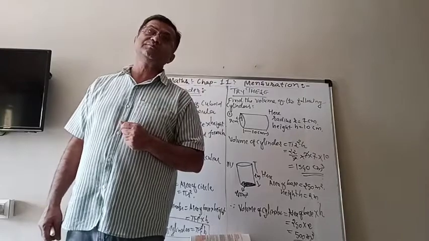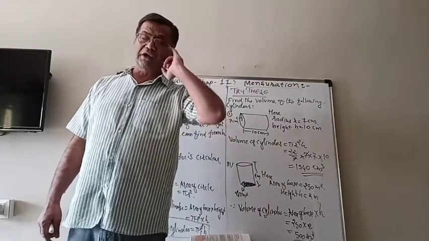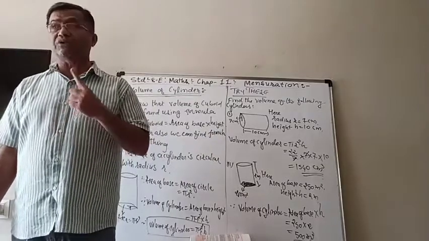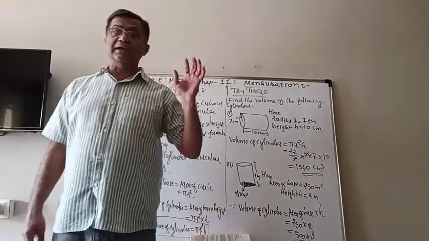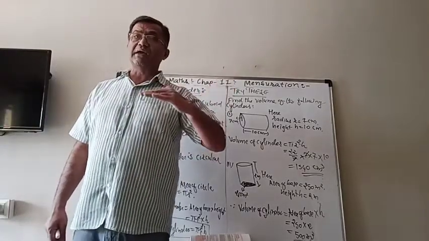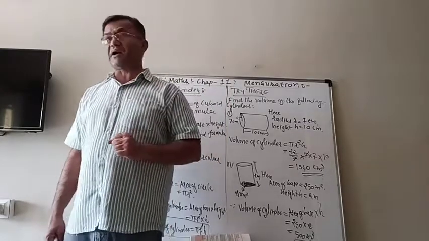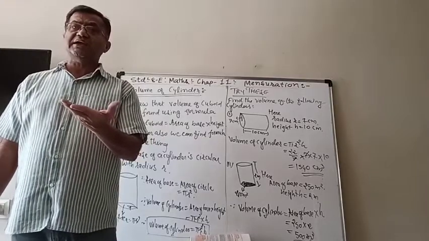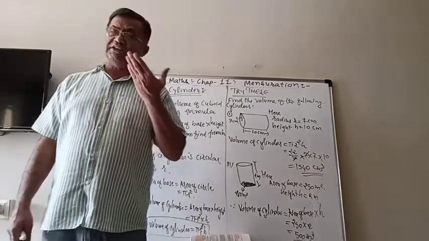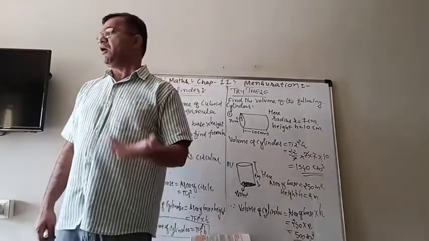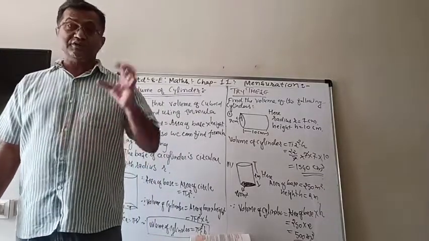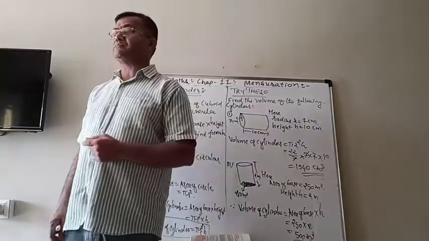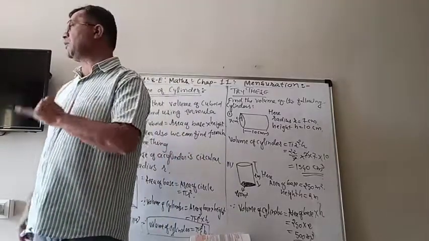Now we know that in each case you can use the same formula. Which formula? That volume is equal to area of the base multiplied by height. So when the base area is given either in the cube or in the cuboid or in the cylinder, and the height is given, you can use the same formula for all of them.